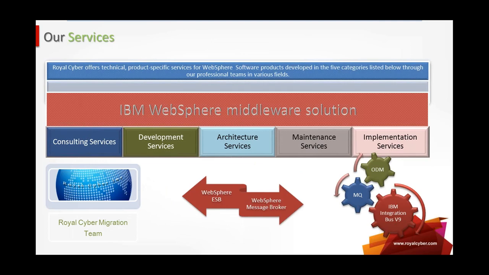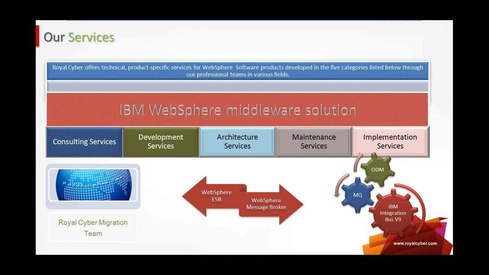I will take some time to describe the main services we are providing and the different domains we are working in. As a company, we are providing technical support and product-specific services, whether it's a WebSphere software product or other IBM products. So we are providing very good technical services in product support.